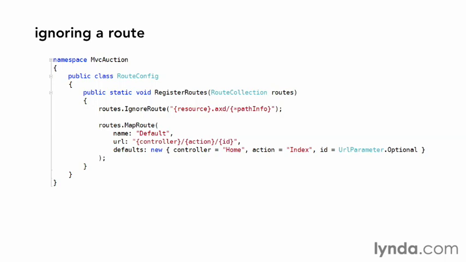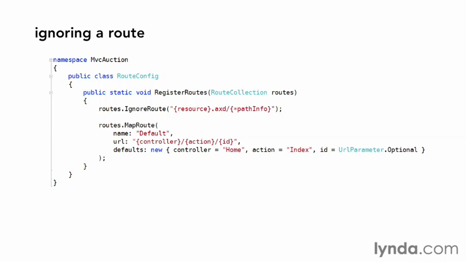Consider the following snippet from the default routing logic that Visual Studio generates, which instructs ASP.NET MVC to ignore routes that contain .axd, the file extension used for common ASP.NET handlers such as trace.axd and webresource.axd. With this call to IgnoreRoute in place, requests for these URLs are ignored by ASP.NET MVC and handled instead as normal requests to ASP.NET.